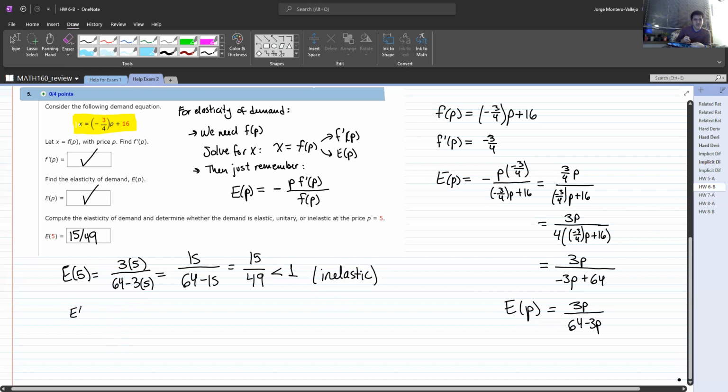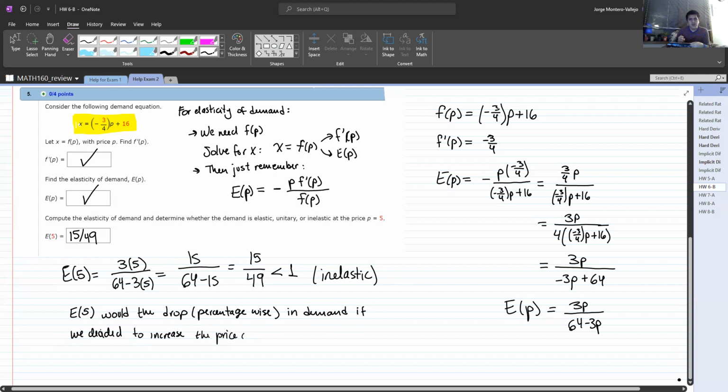So E of 5 would be the drop percentage-wise in demand if we decided to increase the price of P equals 5 by 1%. Okay, that's how you interpret this result.